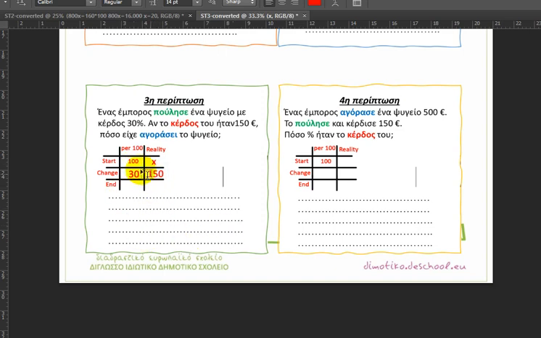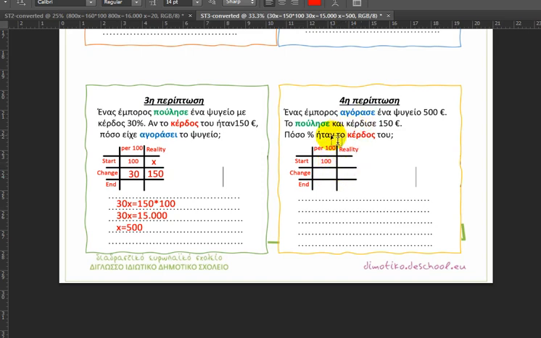Here the cross product would give me 30x is equal to 150 times 100. So 30x needs to be equal to 150 and then add 2 zeros, 15,000. If I divide both sides by 30, what I get is that x is equal to 500. Yes, because the starting price was 500, as we already knew.